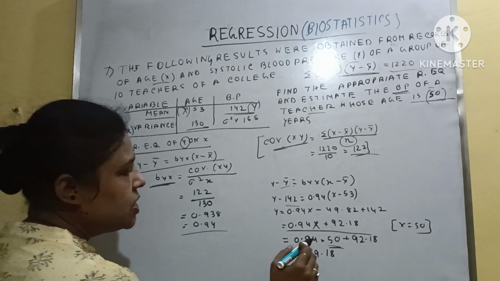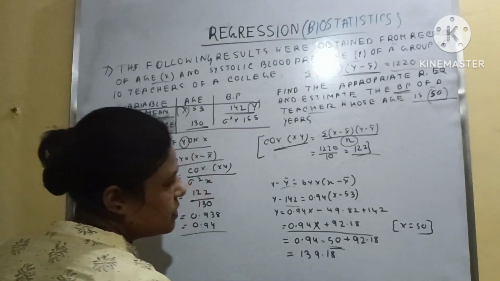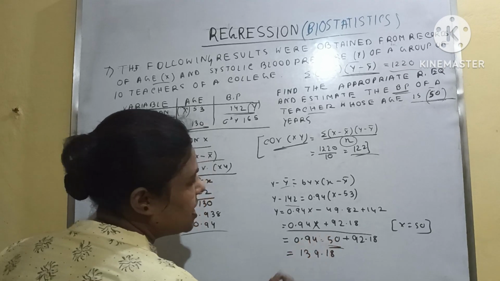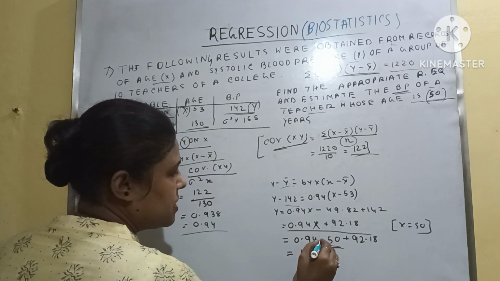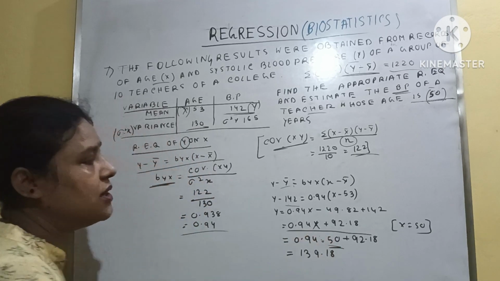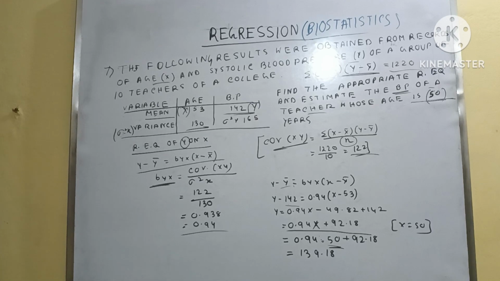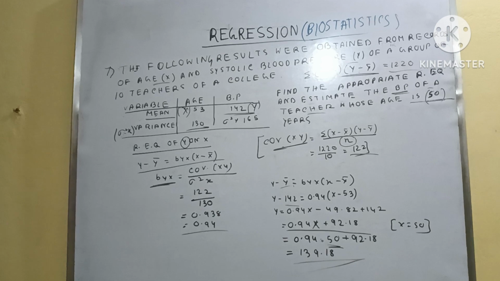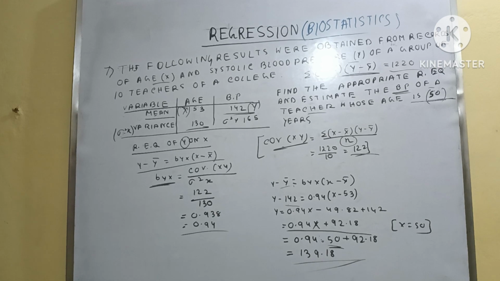I put a dot here, because there may be confusion between the multiplication sign and the x. After multiplying and adding, we will get this value.